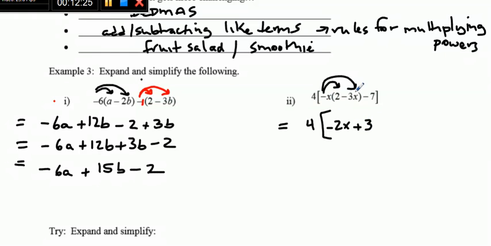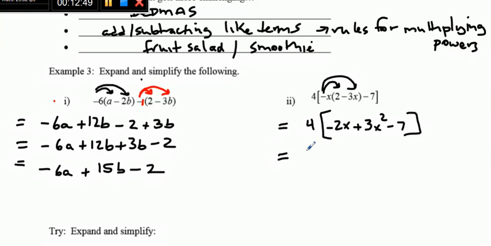And x times x is x squared. Remember, x to the 1, x to the 1, you add the exponents. And then I still have this minus 7. It's not being multiplied by the negative x though, so I'll just put it in at the end and close my bracket. Could have changed to a round bracket now that I don't have 2 sets of brackets, but that's okay.